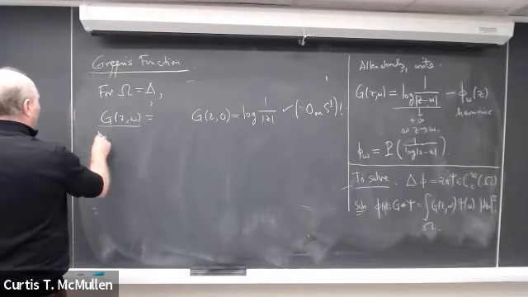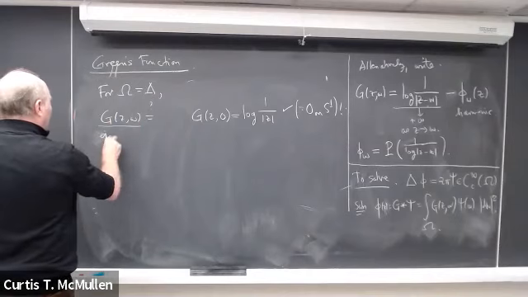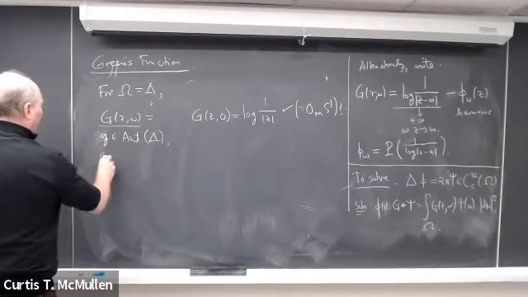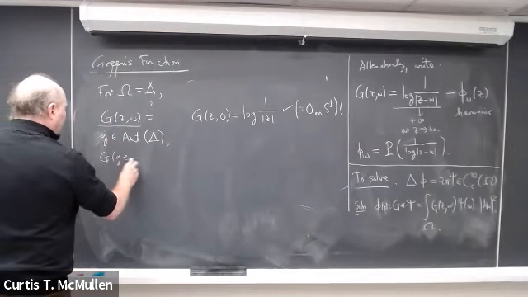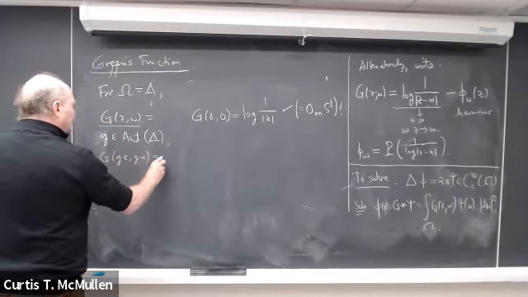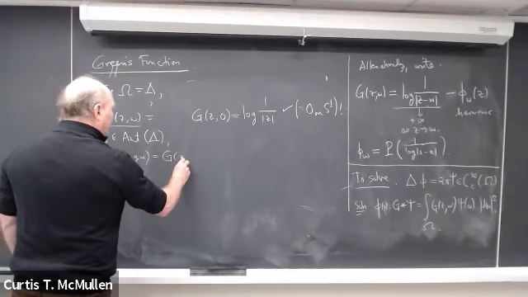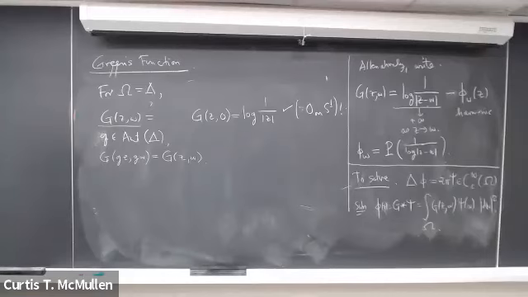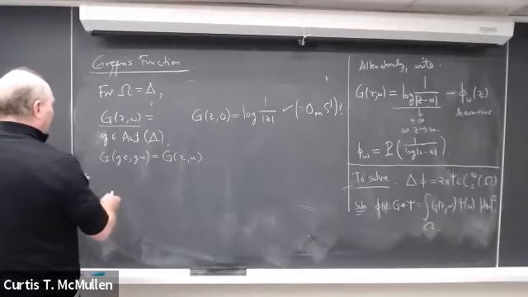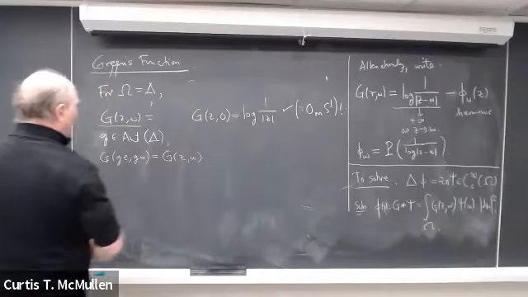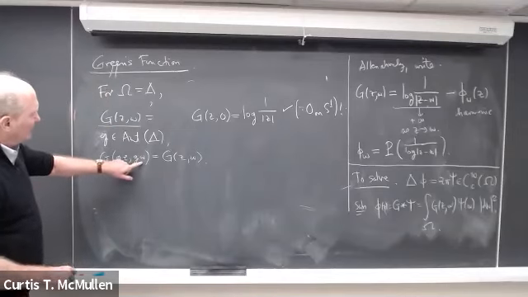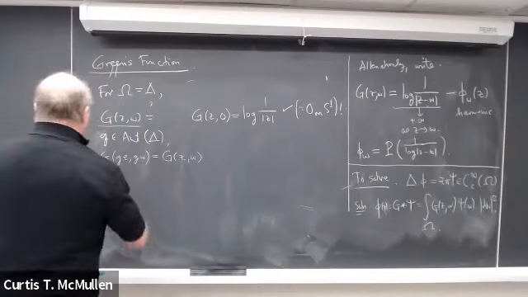So if g is an automorphism of the disk, then the Green's function of g of z and g of w is the same as the Green's function of z and w. And so all we have to do to compute the Green's function at another point is find a function g that moves the origin to that point.